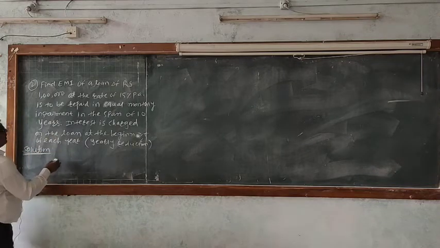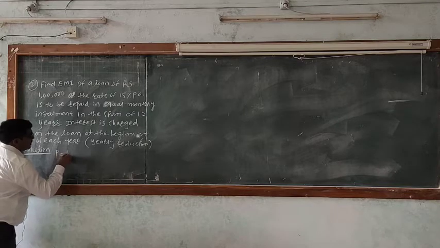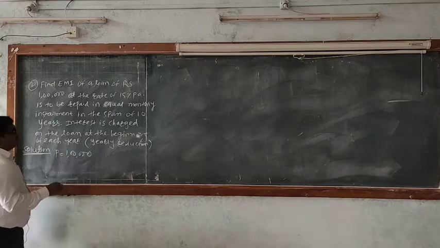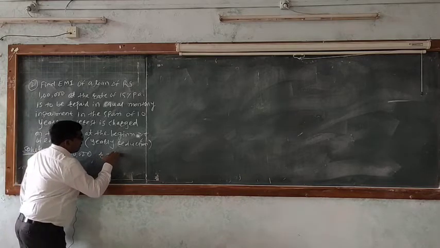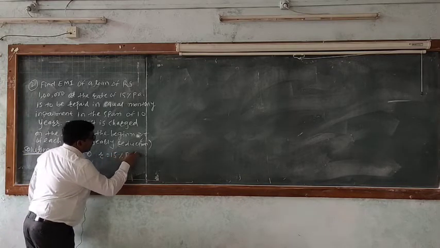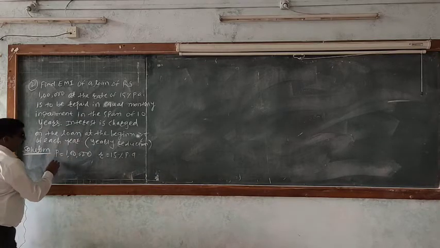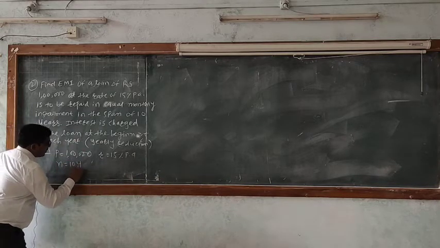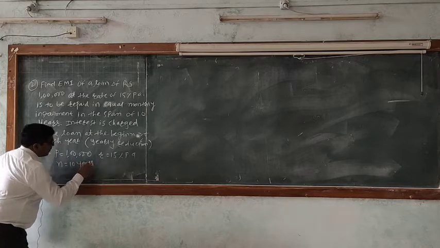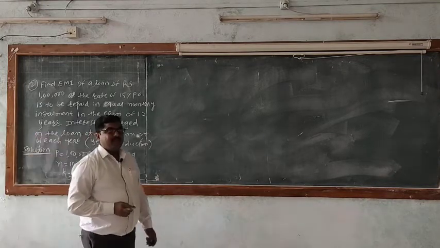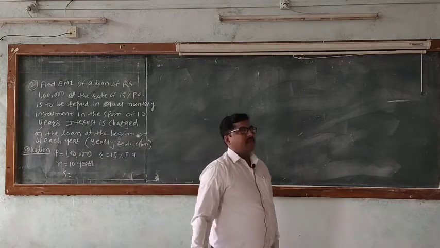Write down the principal. P is 1 lakh, R is 15% per annum, N is 10 years. K is the number of conversion periods per year.